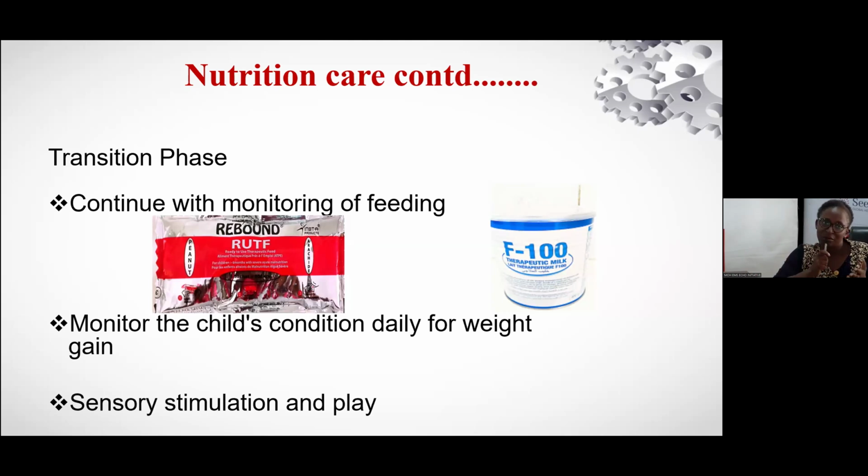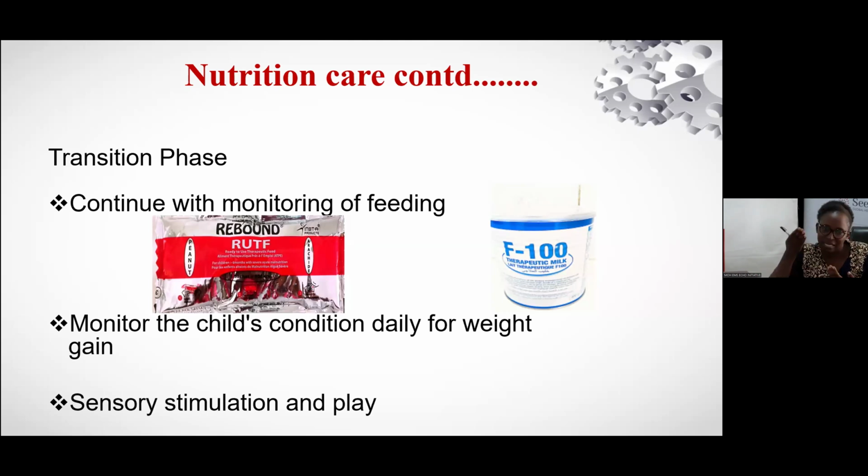If the child fails to tolerate RUTF, you put this child on F100, which has high kilocalories and high protein. It has 2.9 grams of protein and 100 kilocalories per 100 ml. You're supposed to take the weight daily.